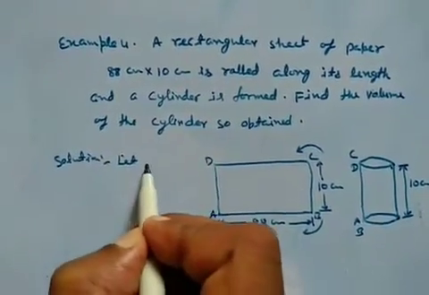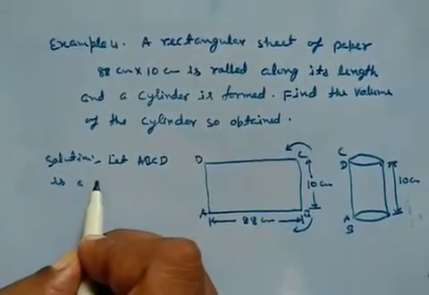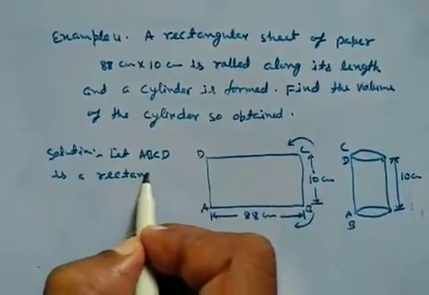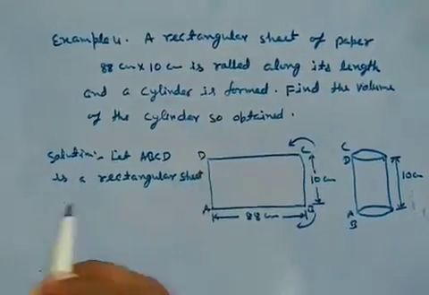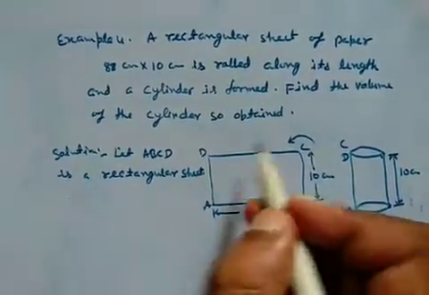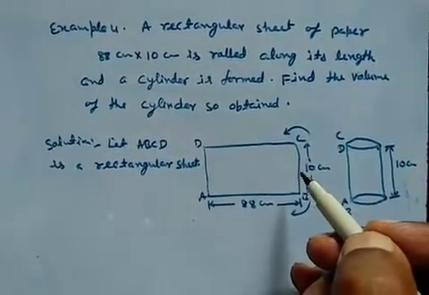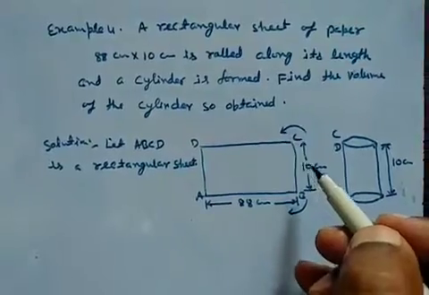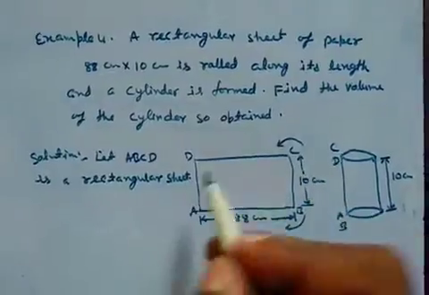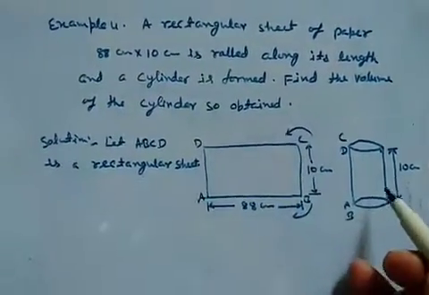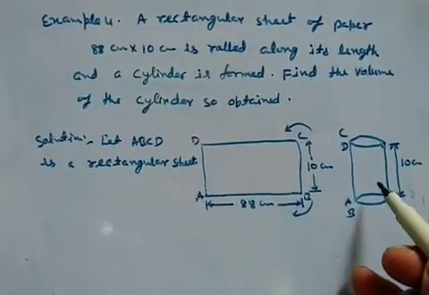ABCD is a rectangular sheet, and it is rolled along its length like this, and then formed a cylinder like this.